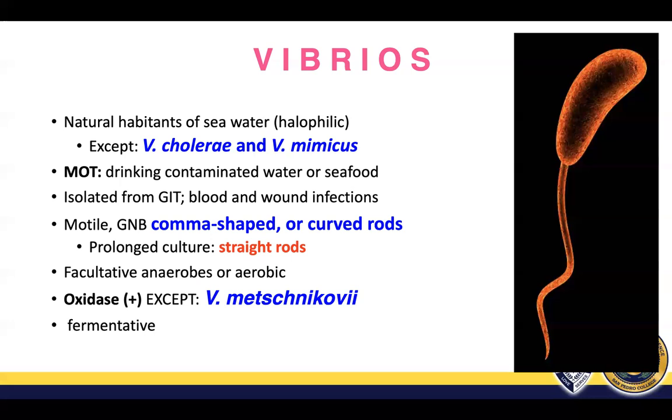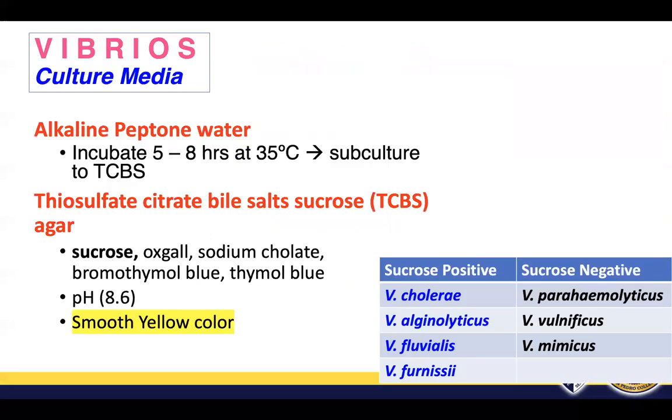They are of course oxidase positive except Vibrio mimicus, which is oxidase negative, and they are fermentative. When it comes to carbohydrate metabolism, they are fermenters. So culture media that we use for isolating Vibrios include an enrichment media like alkaline peptone water.